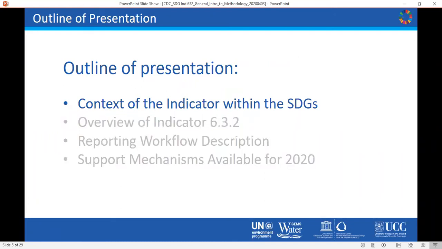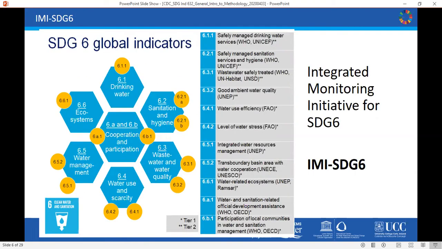Thank you, Stuart. I will give a quick update on the UN Water Integrated Monitoring Initiative, or SDG 6. Through this initiative, which in short is called IMI SDG 6, the UN system seeks to support countries in monitoring and reporting on the water-related SDG indicators. And various UN agencies are involved.